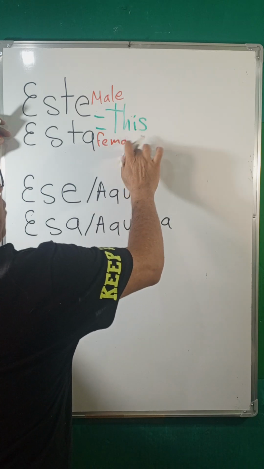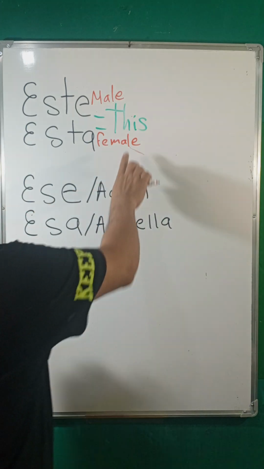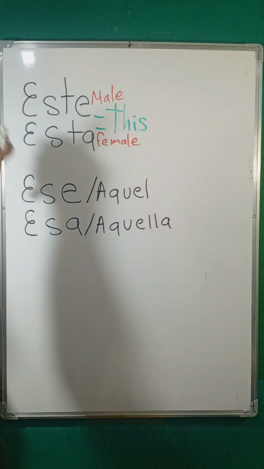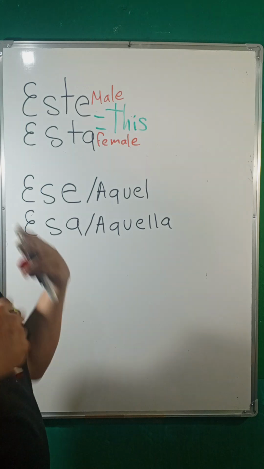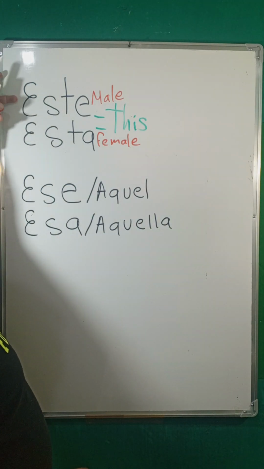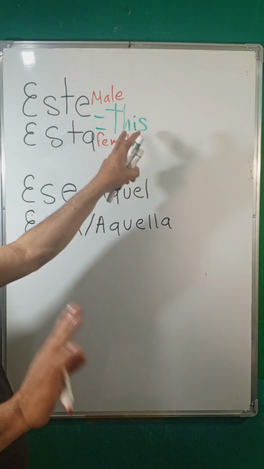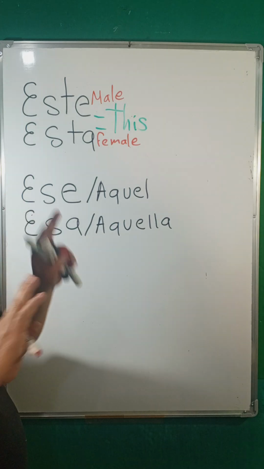So that is the main point in Spanish: how you have to note and check the difference between este and esta. Este is exactly like "this" in English, and esta is also the same.